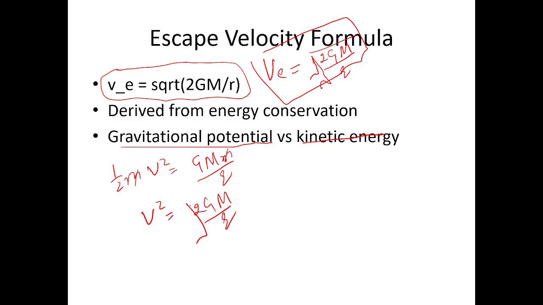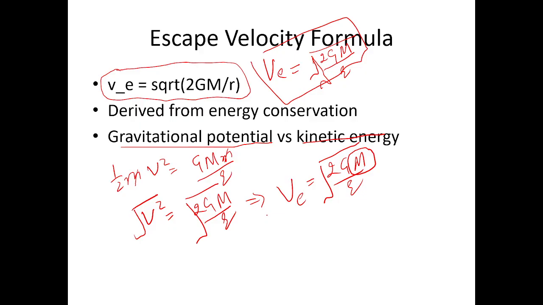If we take the root on both sides, we will get the velocity, which will be the escape velocity of a body of mass m. So if this mass is the earth mass, then it will give me the escape velocity from the surface of the earth.